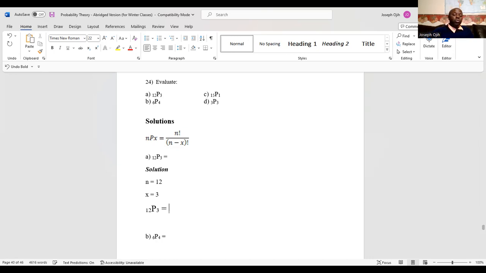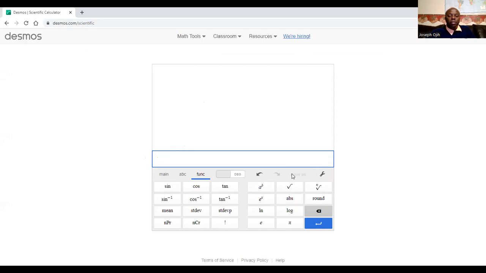Otherwise, use the calculator. So we go to our calculator and it gives us the answer. We're looking at 12 permutation 3. This is nPr; they use r for x. So click on that.